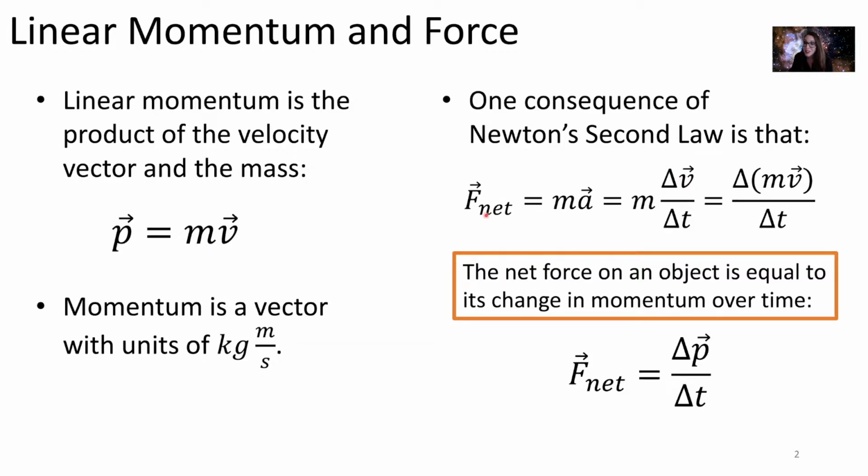So you can repurpose Newton's second law to say that the net force is equal to the change in momentum over the change in time. So the net force on an object is equal to the change in momentum over the change in time. That directly comes out of Newton's second law.